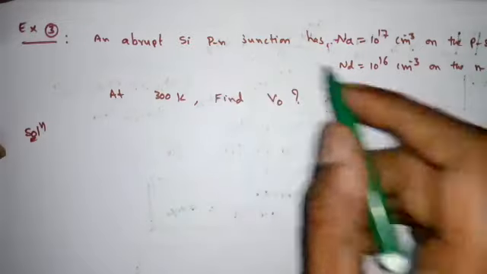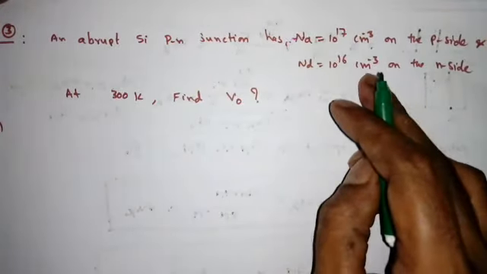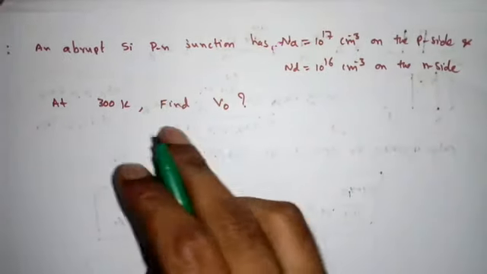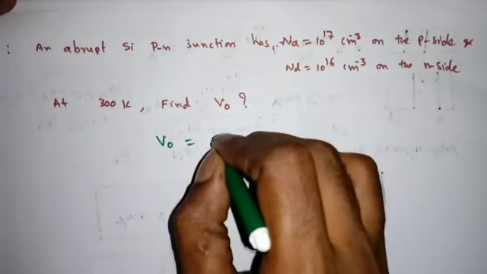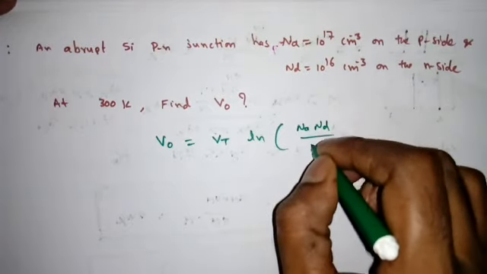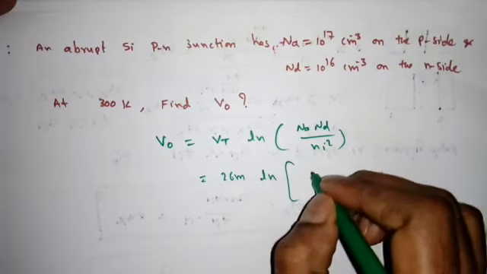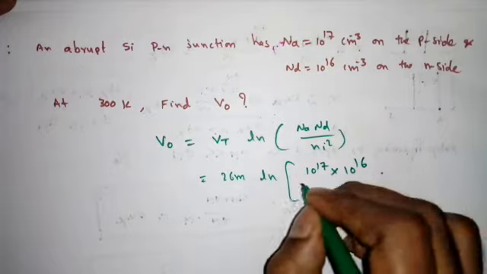An abrupt silicon PN junction has Na 10 to the power 17, Nd 10 to the power 16 per centimeter cube. This is on P side, this is on N side. So what we need to find? At 300 degree Kelvin, find V naught. So simple, V naught is Vt ln Na Nd by Ni square. This is 26 milli ln Na 10 to the power 17 into Nd 10 to the power 16 by Ni square.